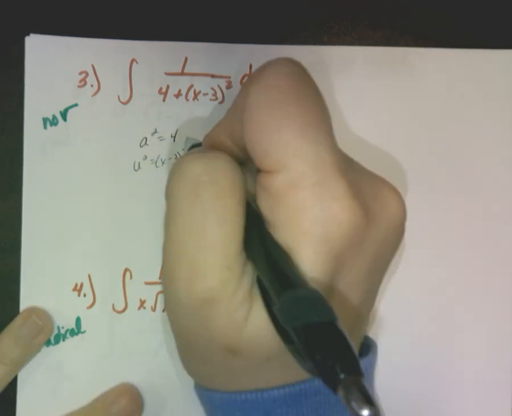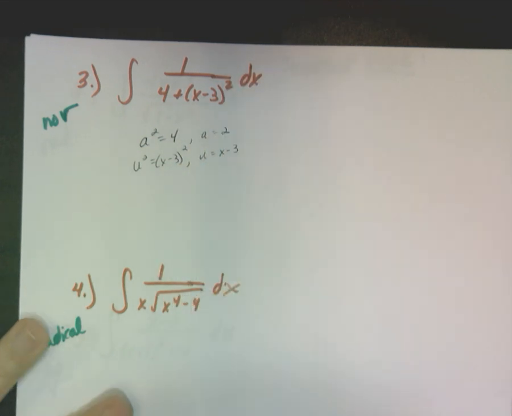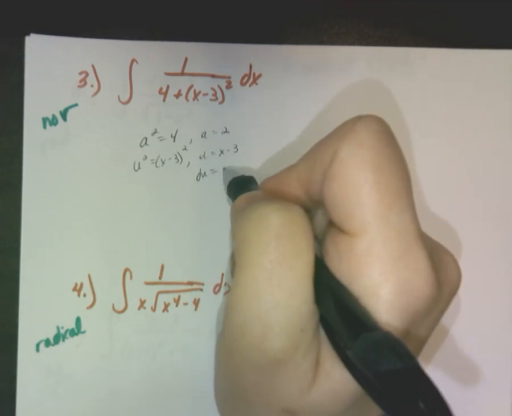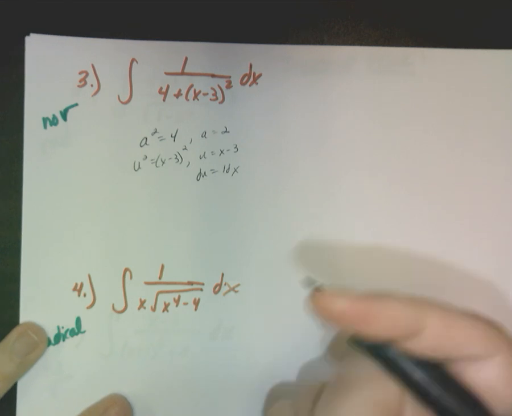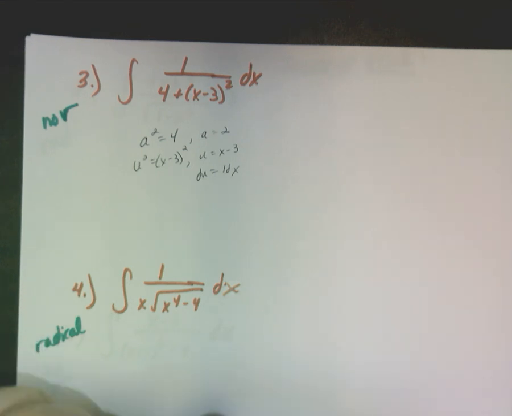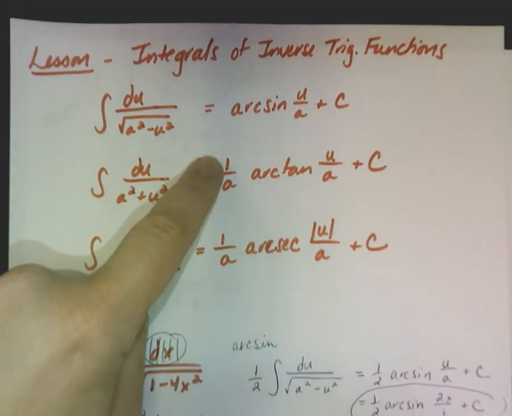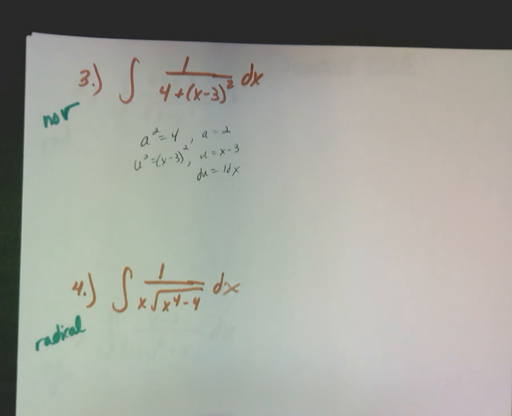So then that means my a is 2, and my u would be x minus 3. We need to take a derivative. Derivative of x minus 3 is just 1 dx. And so let's see. That's not a big deal. There's nothing to deal with the 1x. So let's rewrite this then. This would be, again, if you look back over here, if it's arctan, it's 1 over a arctan u over a plus c.